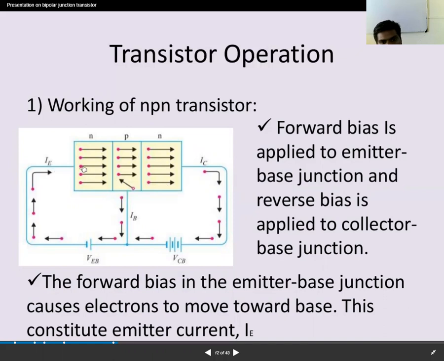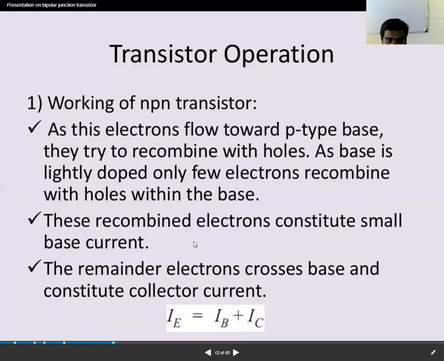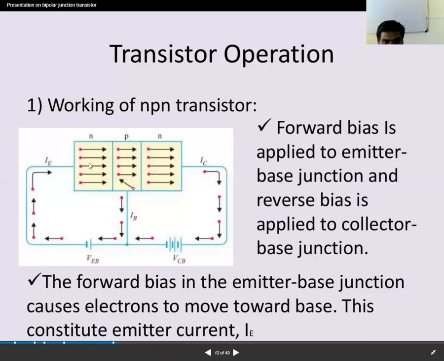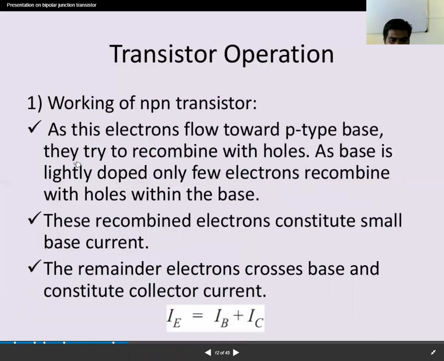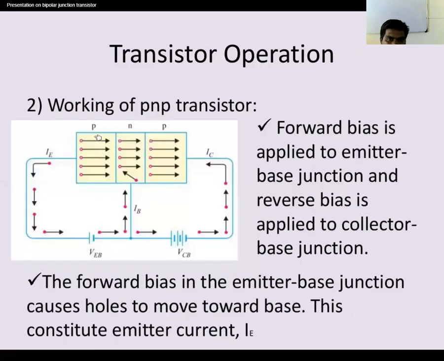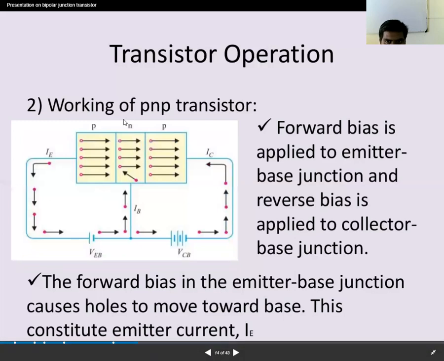So the current will flow like this, through IC here and here. This is how the current starts to flow. The emitter current is divided into two parts: the base current plus the IC current. So IE equals IB plus IC. This is the emitter current.